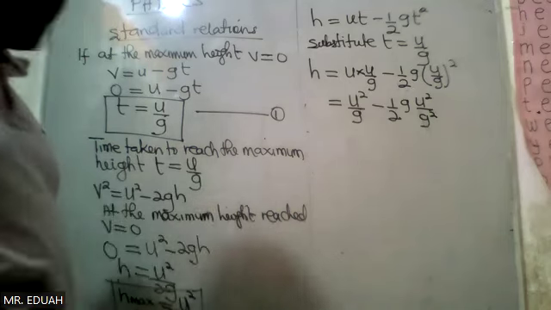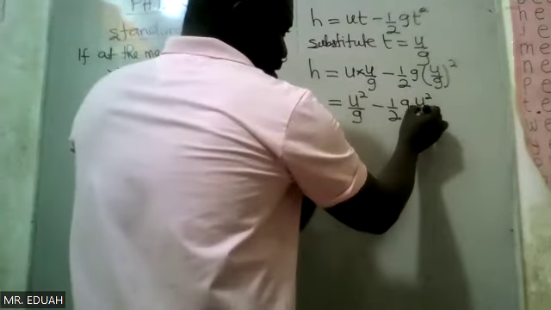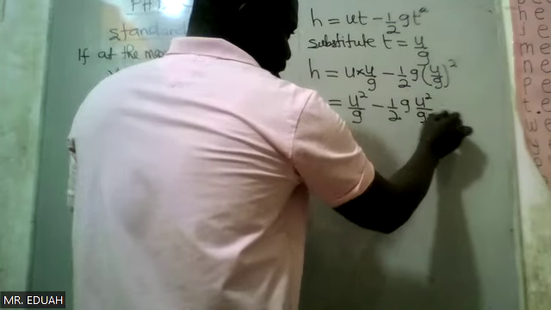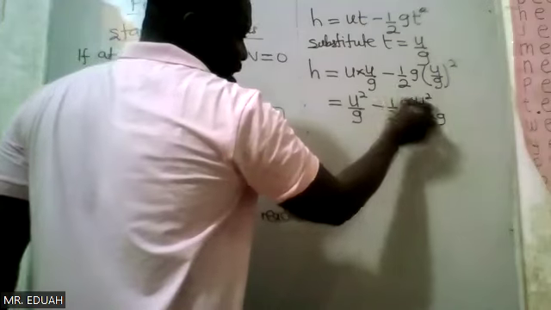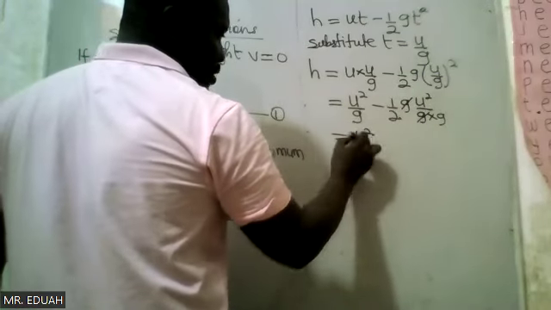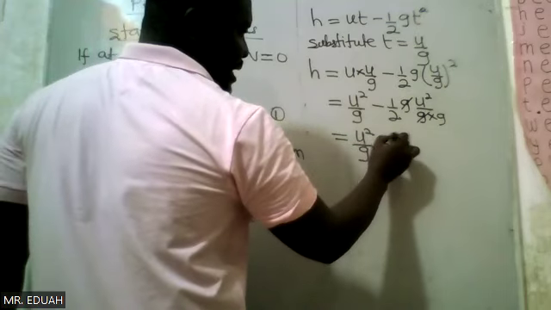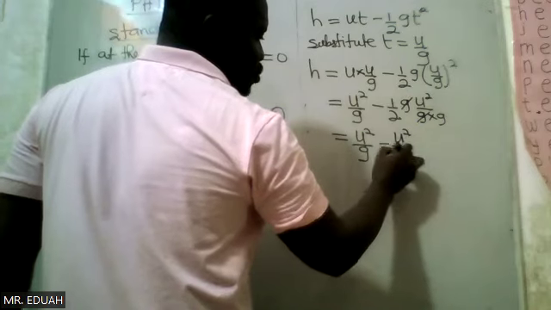The denominator G squared is actually G times G, and this G can cancel one of the G's. So we have U squared over G minus U squared over 2G.